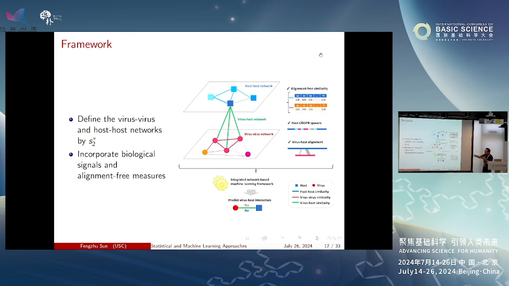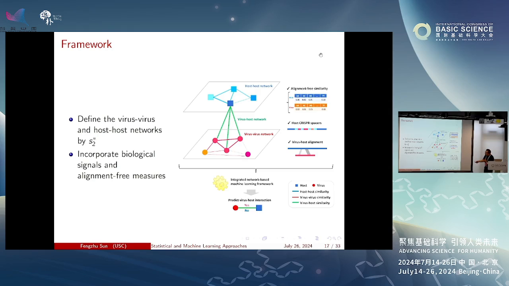So one layer, on the top layer, we can consider them as bacteria. That's the bacterial network. And for the bacteria, you can think they have some similarity. And the similarity, again, you can use a variety of different similarity measures. The simplest one, the one that can be applied to any two sequences, is what we use, the S2 star.